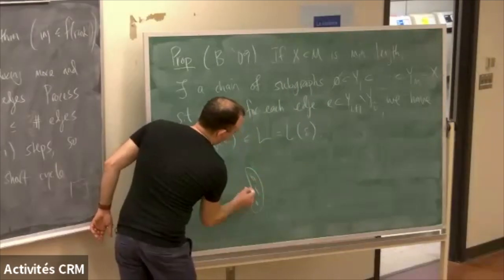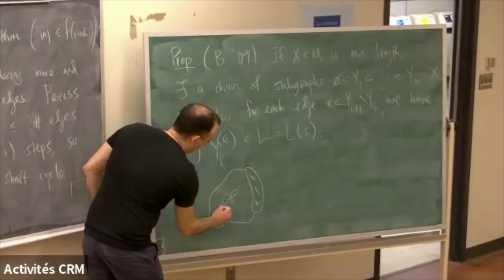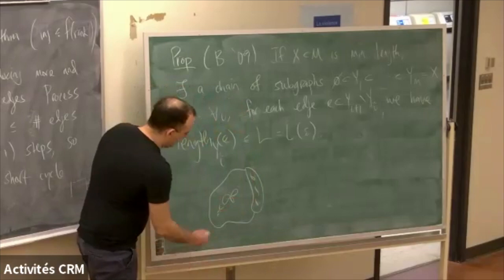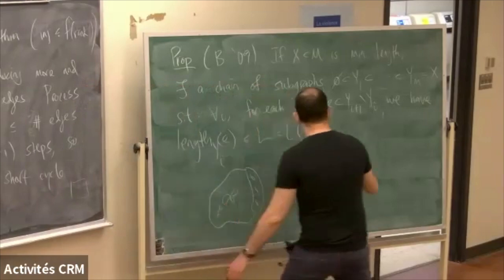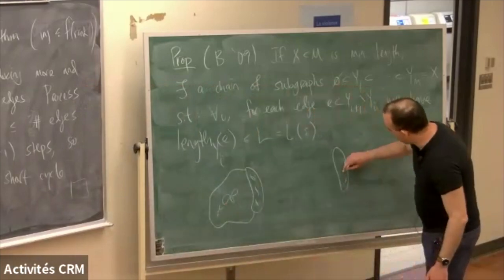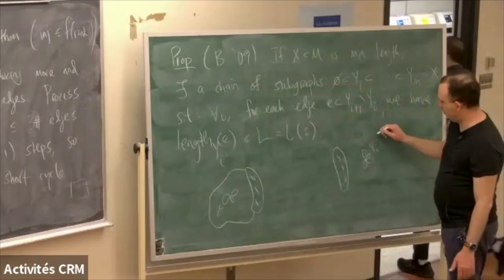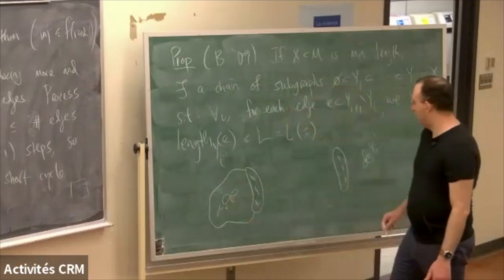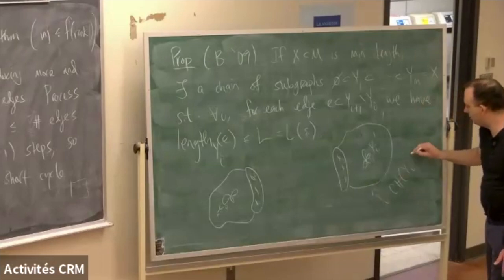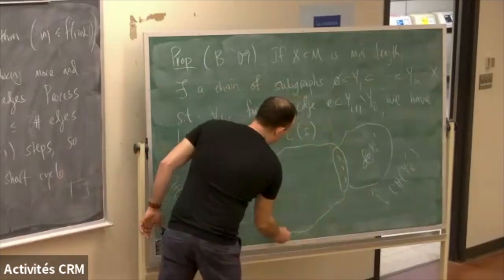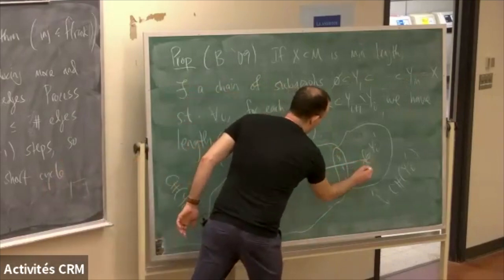So you're supposed to imagine, maybe here's one component of Yi, and then you have some other component of Yi somewhere else. Y1, Y2, and these are the convex hulls. And then you have the rest of the manifold somehow. When I think of relative length, I want you to think of that length.